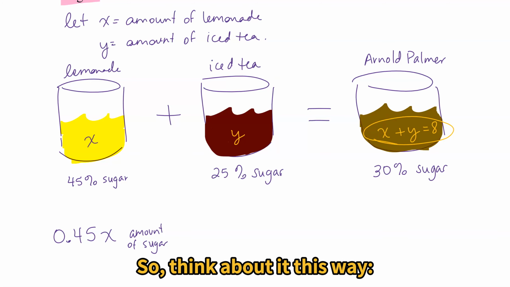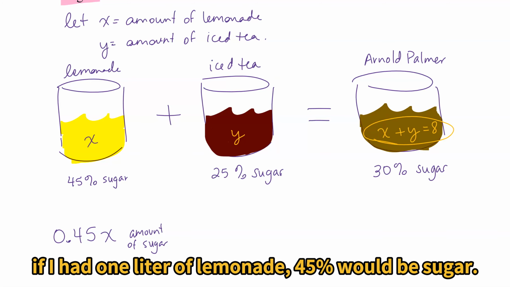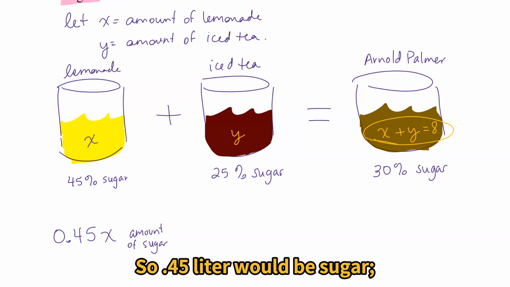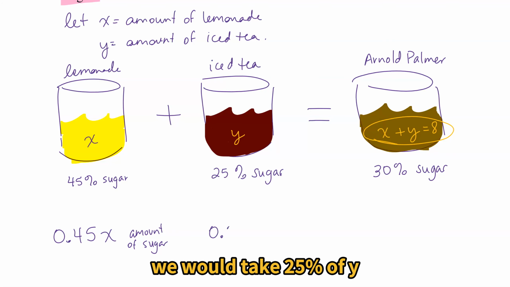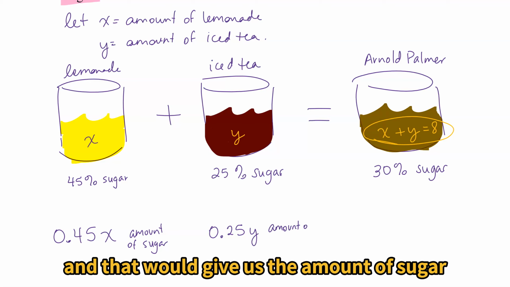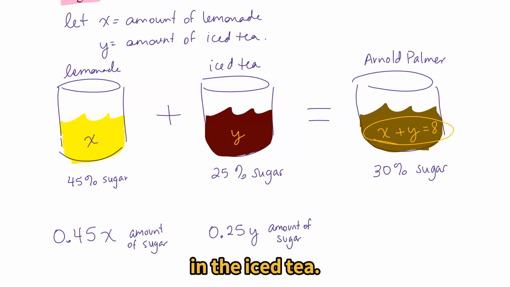So think about it this way. If I had 1 liter of lemonade, 45% would be sugar, so 0.45 liters would be sugar. That's a lot of sugar. Similarly, for the iced tea, we would take 25% of y, and that would give us the amount of sugar in the iced tea.